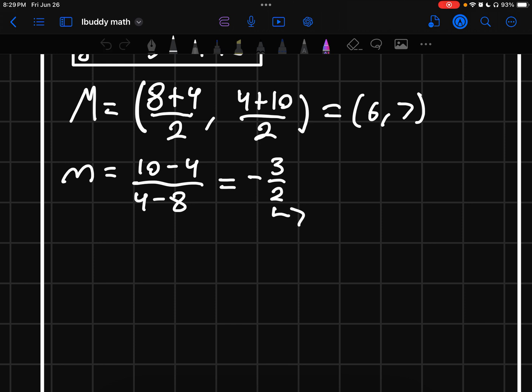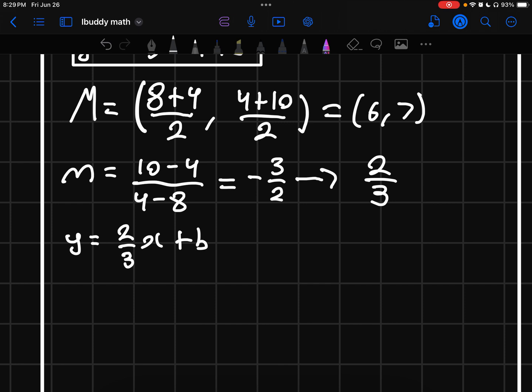So that would turn into 2 over 3. And then we can plug that into y equals mx plus b and turn that into y is equal to 2 over 3x plus b.